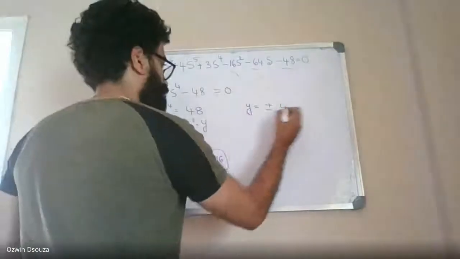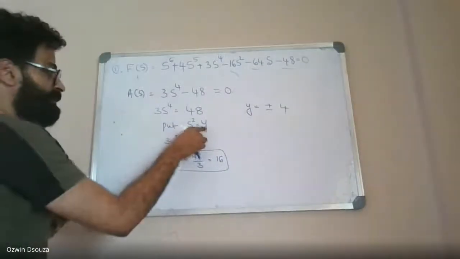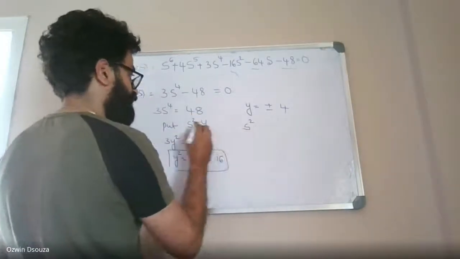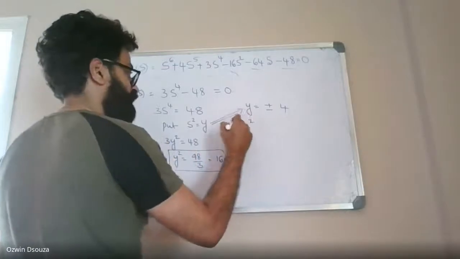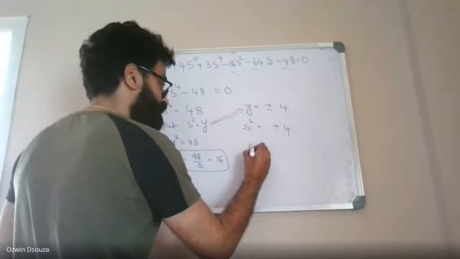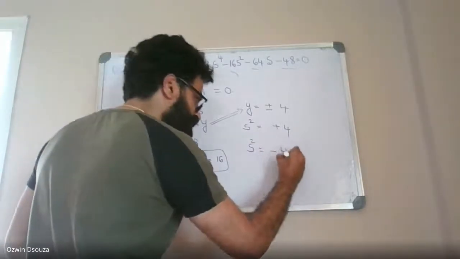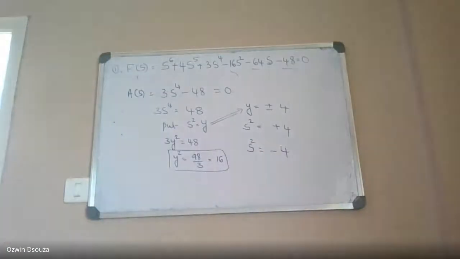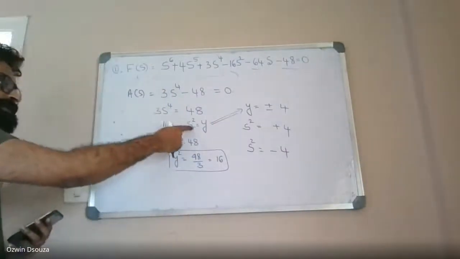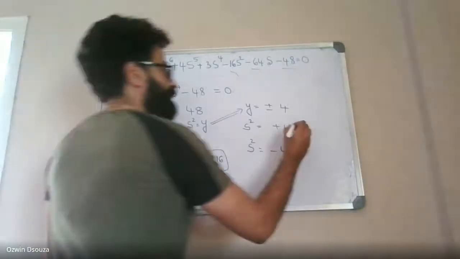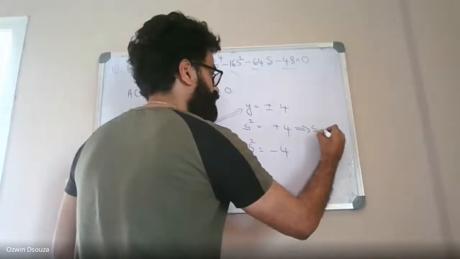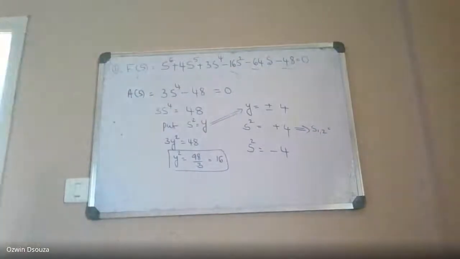And as a continuation, you can also say that y is s square. So basically, it is s square, right? So s square is plus 4. And you can also say that s square is also minus 4. Okay, because it's a fourth order equation. And for simplicity, we have substituted s square with y. Now, when you solve for this s, you will get s 1 comma 2, the first two roots, plus or minus 2.